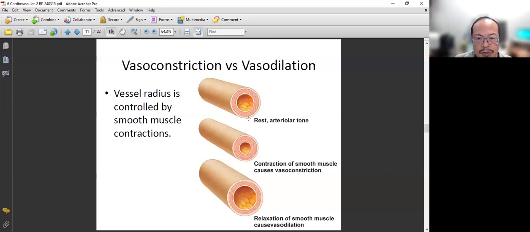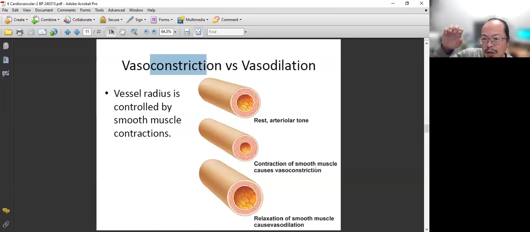This one shows you that blood vessels can contract. Here is the smooth muscle. You have smooth muscle in arteries. You also have smooth muscle in veins. So both can contract. When they contract, you reduce the diameter. We call this blood vessel constriction.